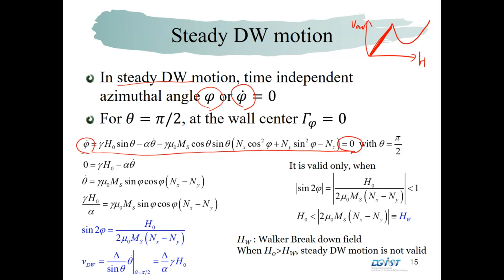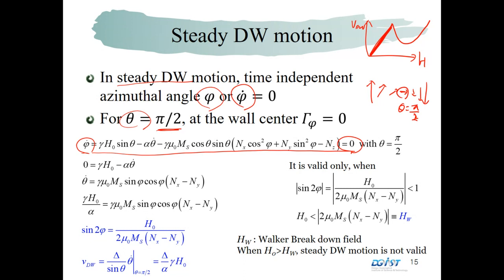And also we think about the center of the domain wall. At the center of the domain wall, theta is pi over 2. So from here to here, we have a domain wall. And at the center of the domain wall, theta is always pi over 2 for both the Néel and the Bloch wall.